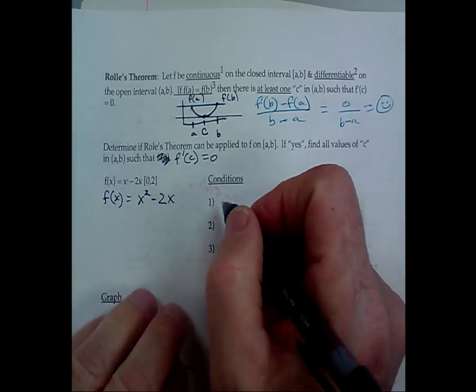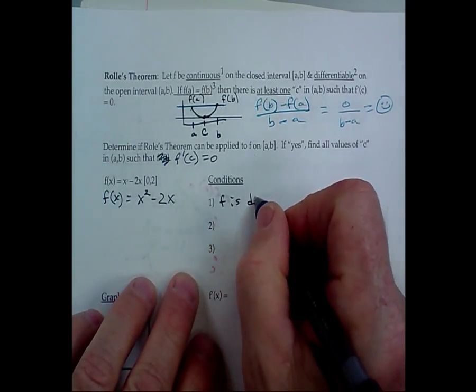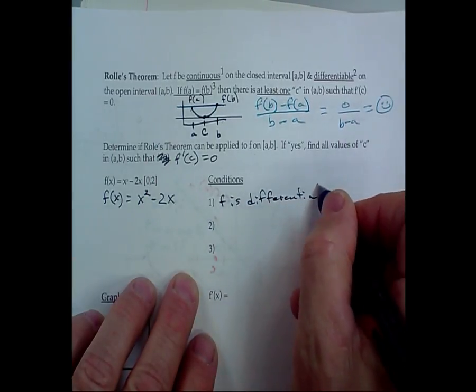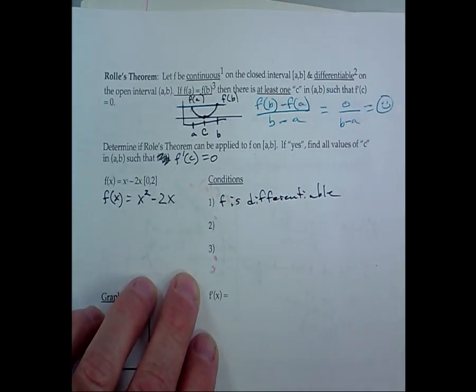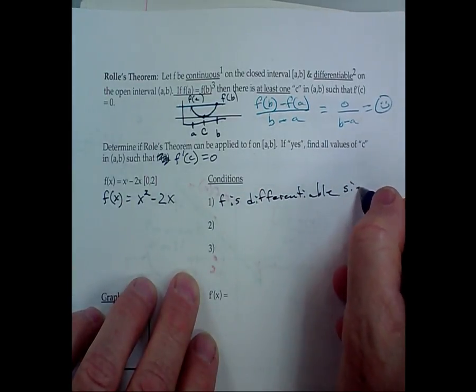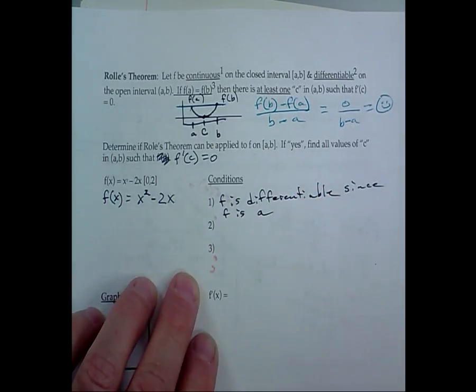Well, f is differentiable. Correct? Why? Since f is a what? Justin, what is x squared minus 2x? A polynomial.